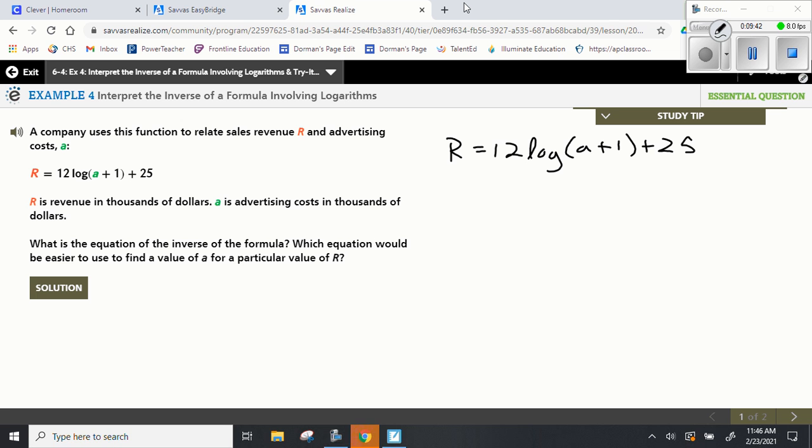So instead of A, I'm going to substitute R, and then instead of R, I'm going to substitute A. Okay, now we've got to get this logarithm by itself. So I'm trying to isolate the logarithmic expression. So let's start by subtracting 25 from both sides.